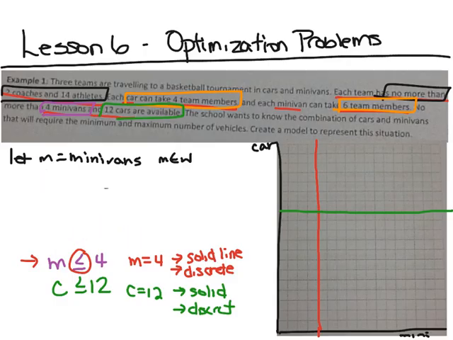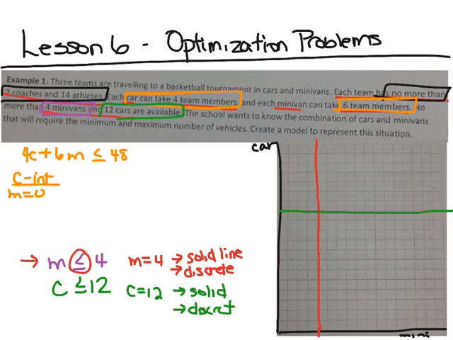Let's give it a little bit more room here. Let's find our C-intercept. We'll make M 0. So 4C plus 6 times 0 equals 48. Divide by 4, and C is equal to 12.